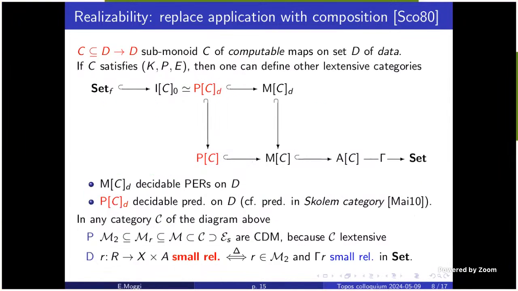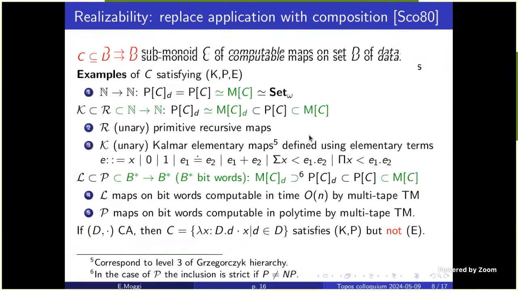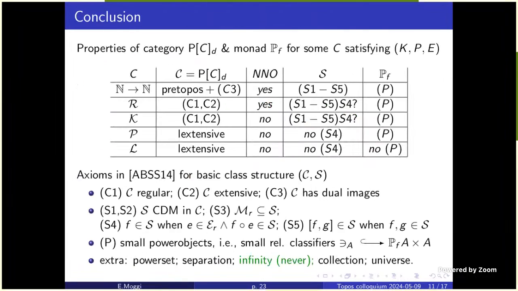You basically recover the notion. So let me go back here. You recover the notion of assembly that is used starting from a combinatorial algebra. And actually, let me go to the references.